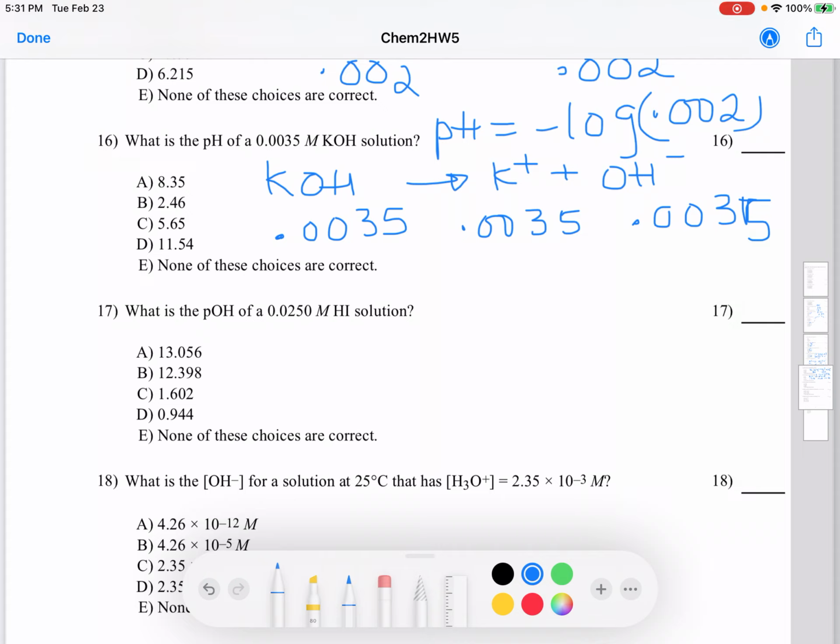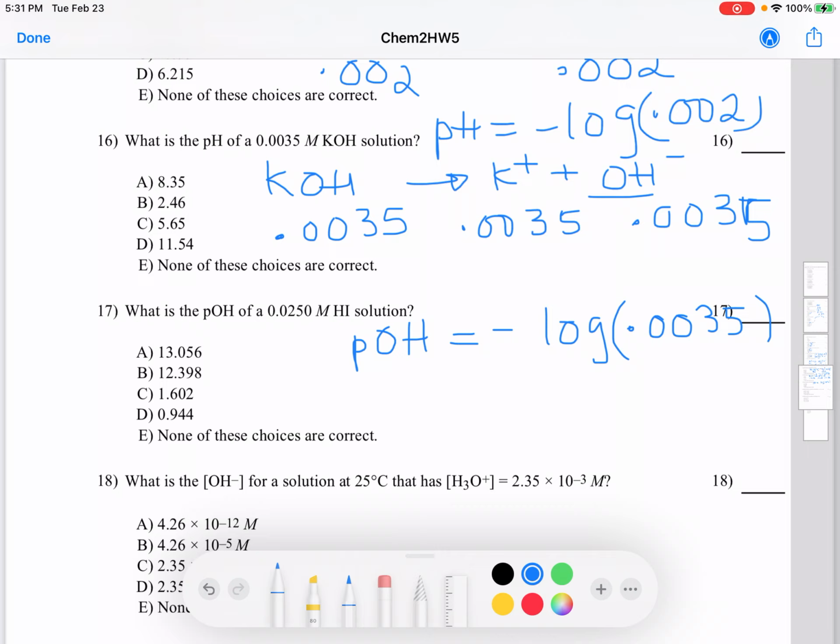So your pH would be negative log of hydronium ions, but what you have here is OH. So from this one, you can find out pOH, not pH, pOH. That would be negative log of 0.0035.